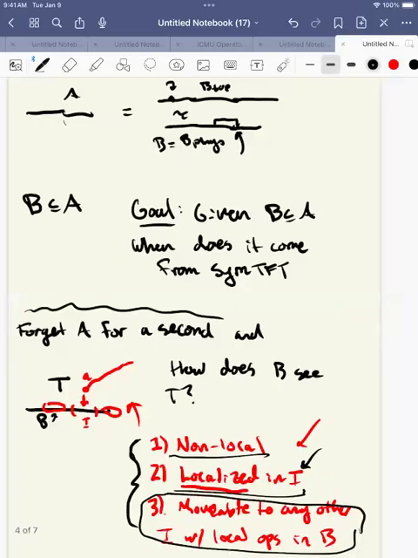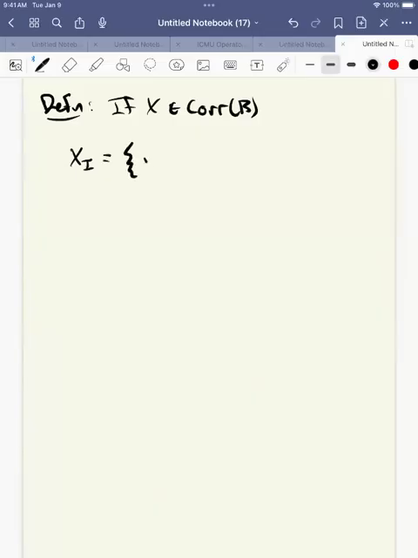Okay, good. So let's go back and try to do that now. Definition: if X is an element of the correspondences of B, I'm going to define this. If I'm thinking again of vectors in my correspondence as non-local operators, this is the set of non-local operators localized in I. This is what I mean by localized in I. It's the set of elements in X such that it commutes.